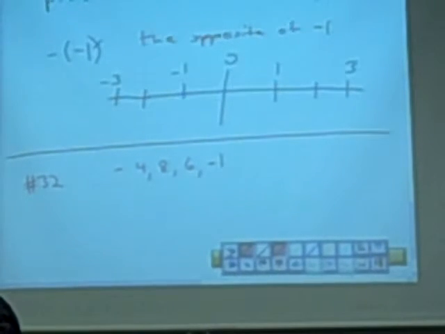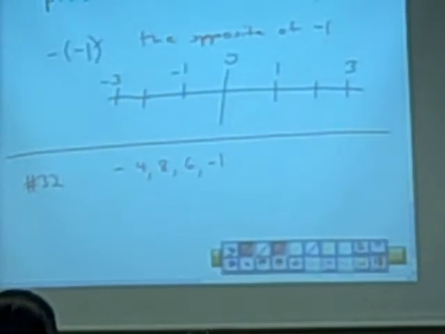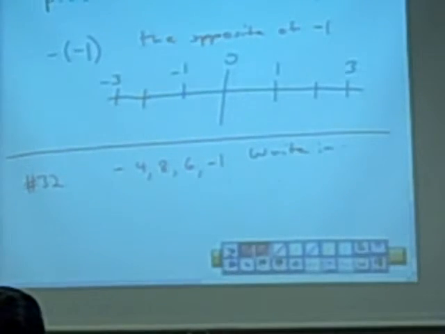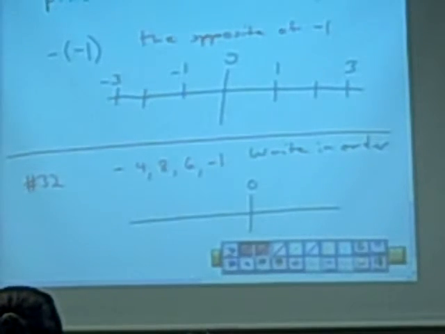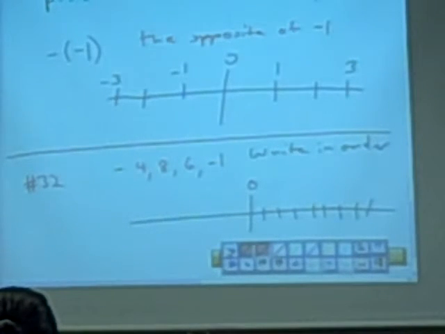Okay, so on these problems, we want to write the given numbers in order, from smallest to largest. Well, it helps if you have a number line. Here's 0, 1, 2, 3, 4, 5, 6, 7, 8.